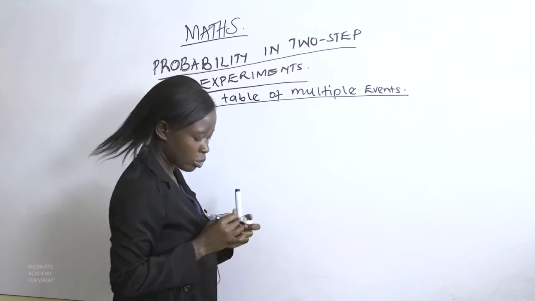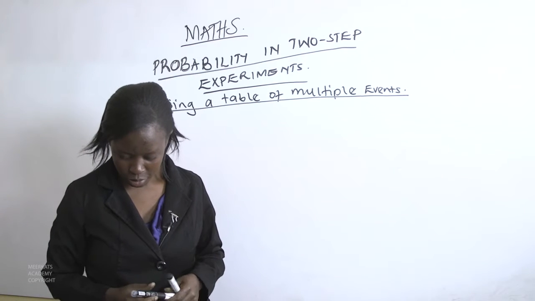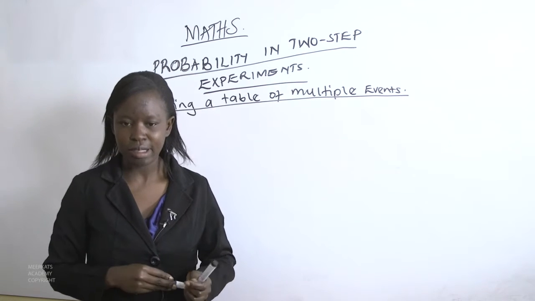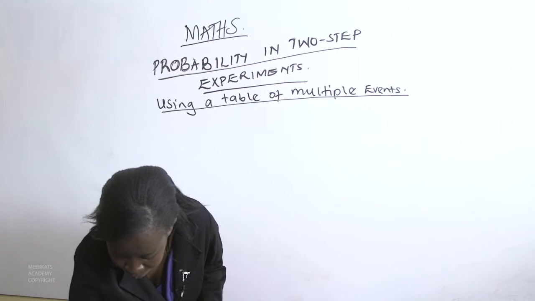So we are going to use a table of multiple events to solve the probabilities in a two-step experiment. An example.